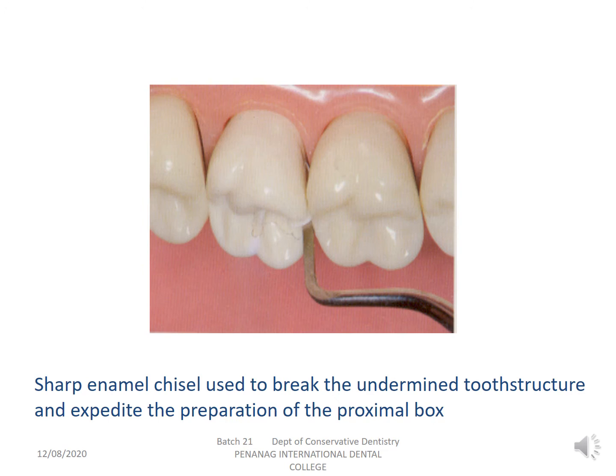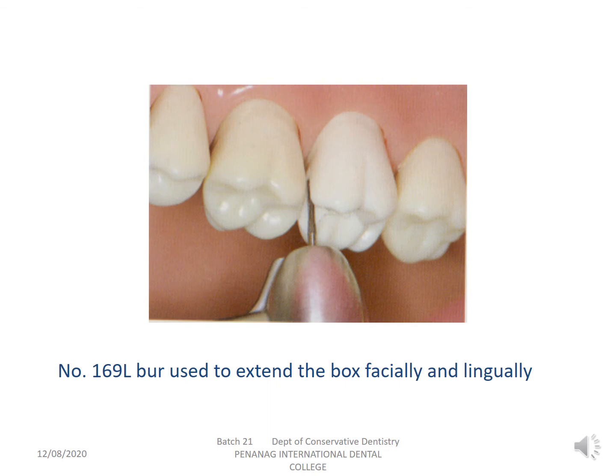Taking a sharp enamel chisel, a bi-angle chisel, break the undermined tooth structure and expedite the preparation of the proximal box. The 169L bur is then used to extend the box facially as well as lingually to clear the preparation from the contacts.